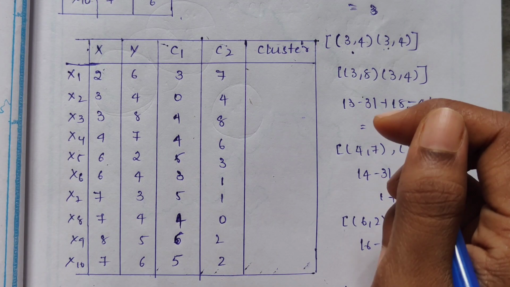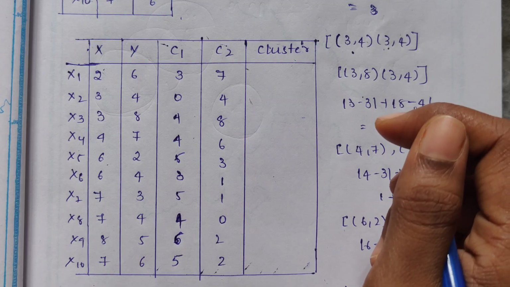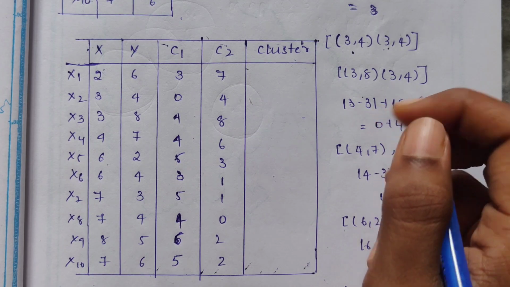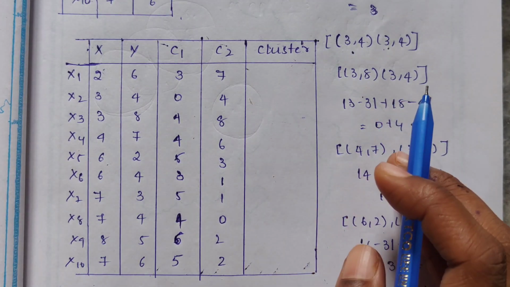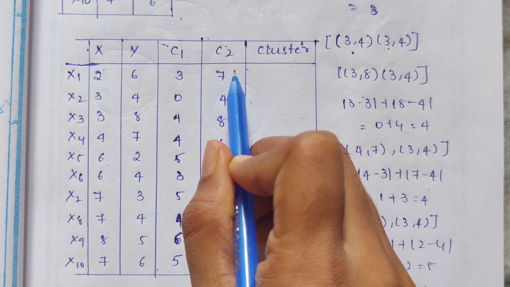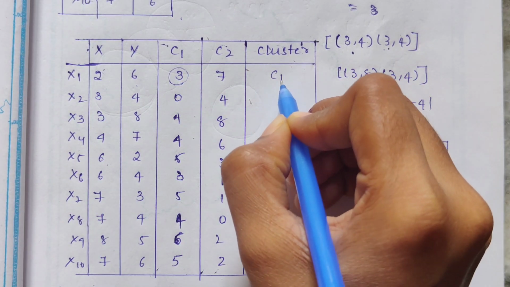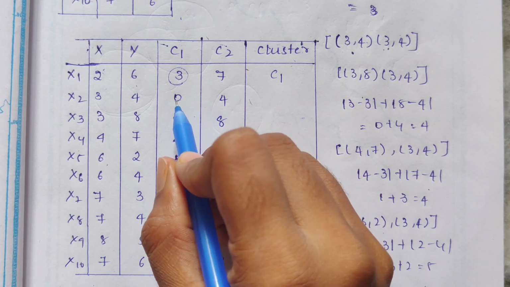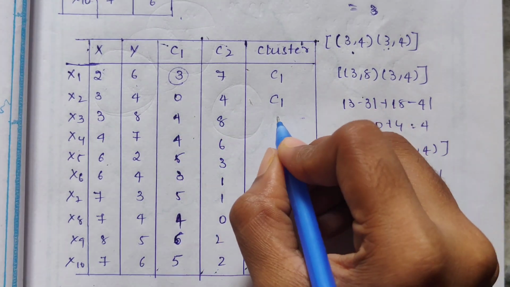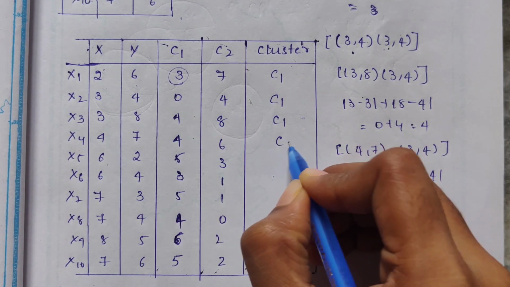From these two sets of values, we determine which cluster each data point belongs to. The cluster with the smaller value is considered the cluster for that data point. That rule works for K-Medoids also. Here cluster 1 has the smaller value, so this data point belongs to cluster 1. Here 0 is the smaller value, so this is C1, and here also we get C1.